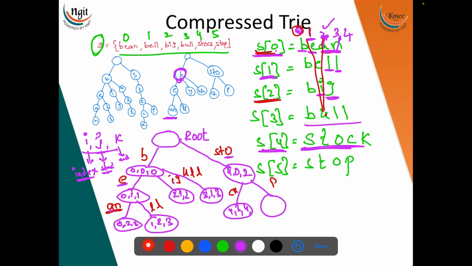CK, the stock word, belongs to 4th index, and C started in 3rd position, K ended in 4th position. And P is what? P index is 5 3 3. 5 is the place of the string, the word. P belongs to the stop word and it is available in the 5th index, and P is the character which started in the 3rd place and ends in the 3rd place.